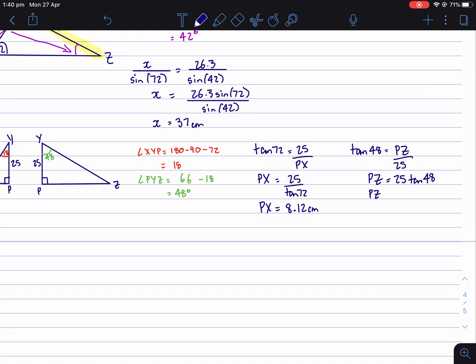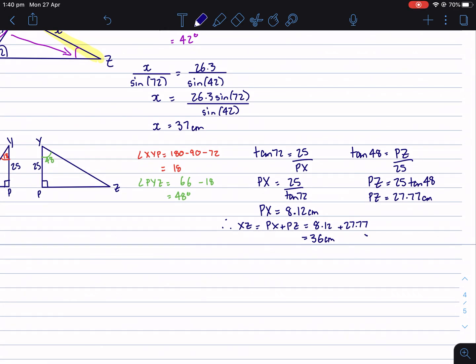So PZ is 27.77 centimeters, which means XZ, which is PX plus PZ, so we're adding them together, is 8.12 plus 27.77, comes out as 36 centimeters.